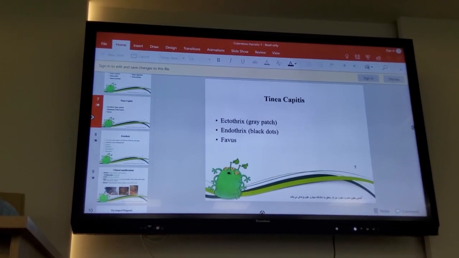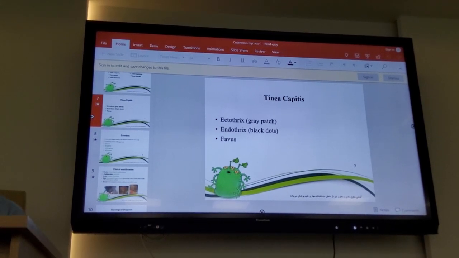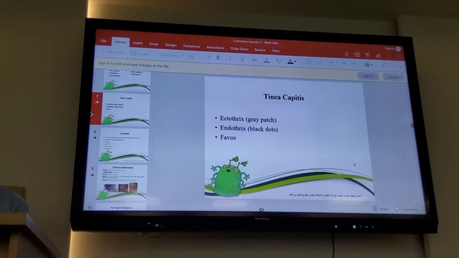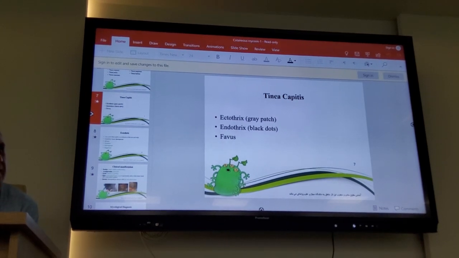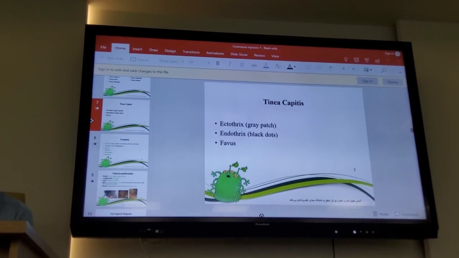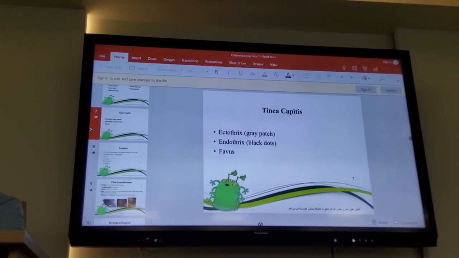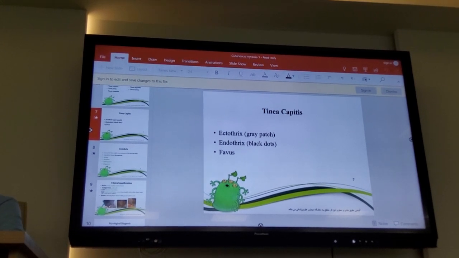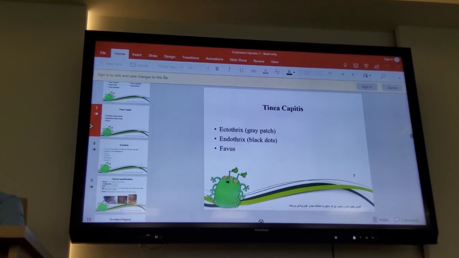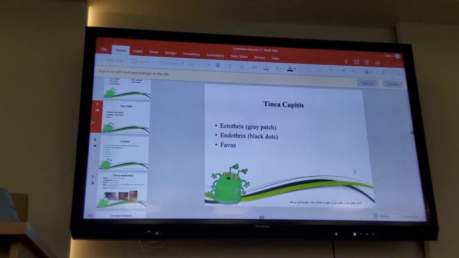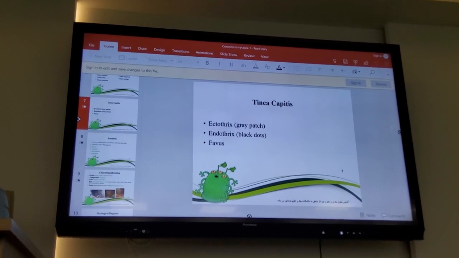It is based on the source of dermatophyte.